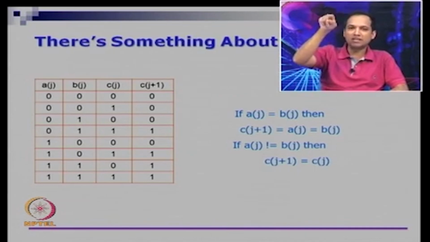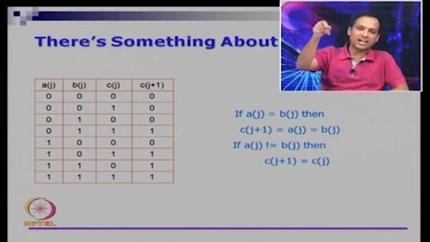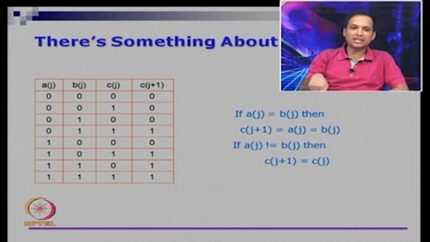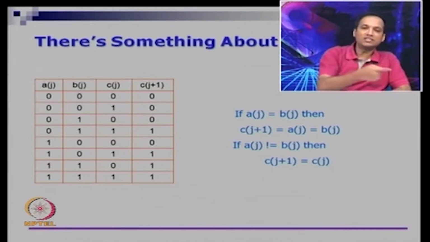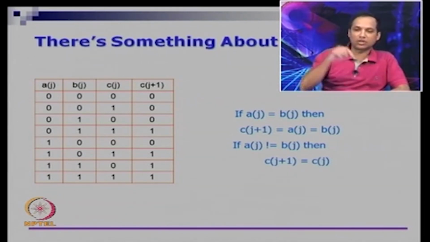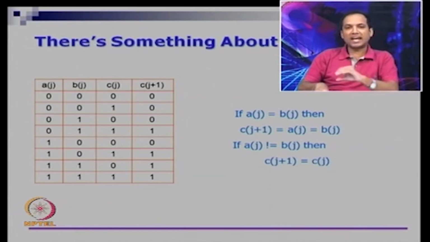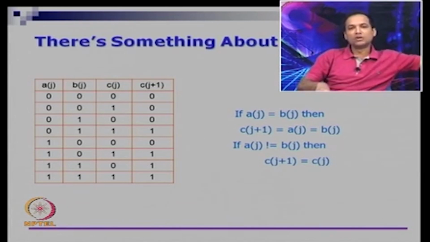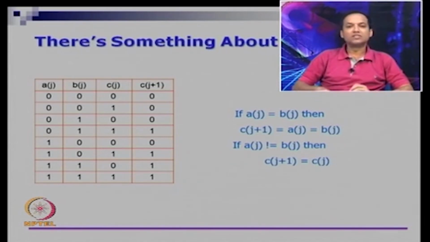You give a and b, you get a sum and then you get a carry. The sum gets decided, but the carry has to move to the next location on the left; sum does not have to move. Sum is decided for location j, but carry of j plus 1 has to move to the other locations greater than j. So I am interested in looking at c of j plus 1.